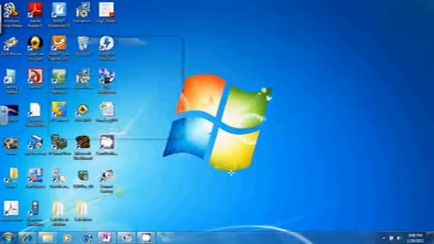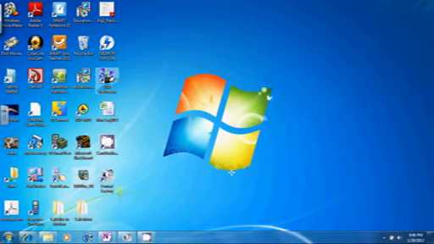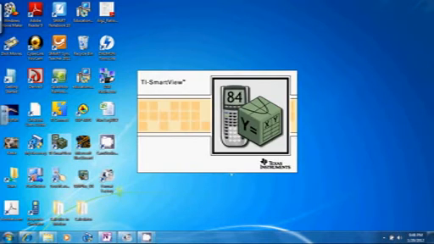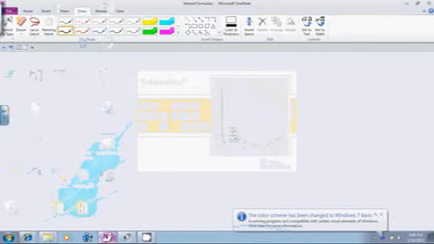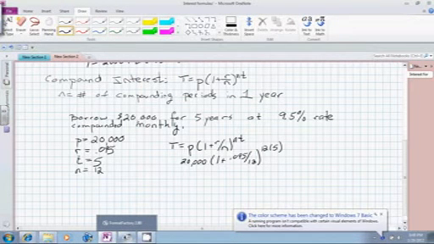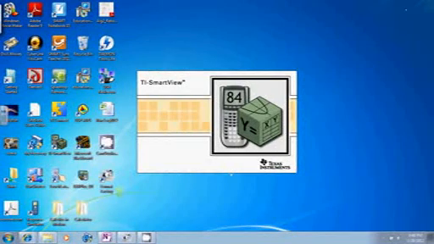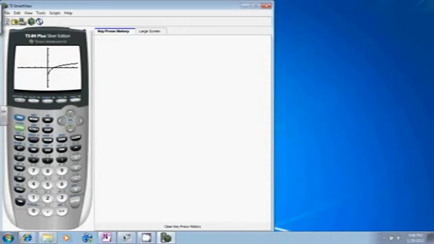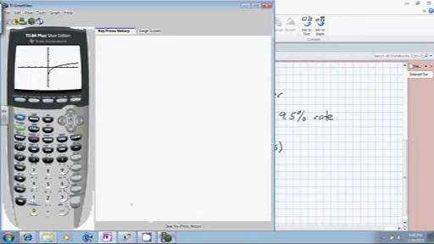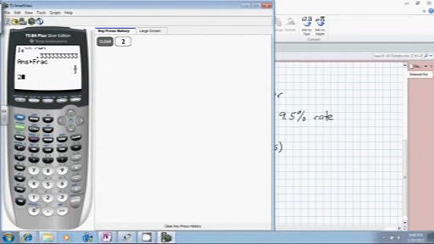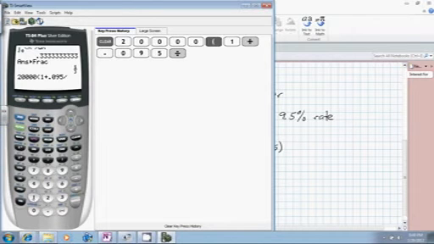Now let me go get my other calculator. So I have 20,000 times 1 plus 0.095 divided by 12 raised to the 12 times 5.